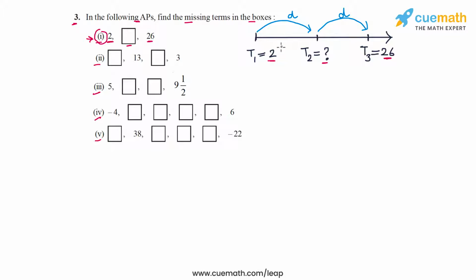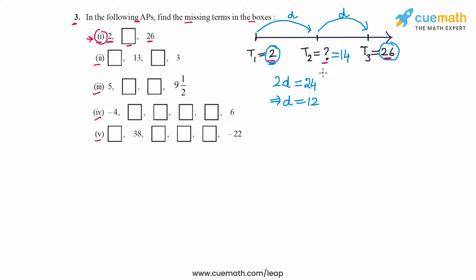So you have to make two jumps of size D, and that will take you from 2 to 26. That's a change of 24. So two jumps of D, or 2D, should be equal to 24, and this means that D should be equal to 12. And D equal to 12 means that the second term will be the first term plus D. So the second term will be 14. So T2, we can write this as 14.